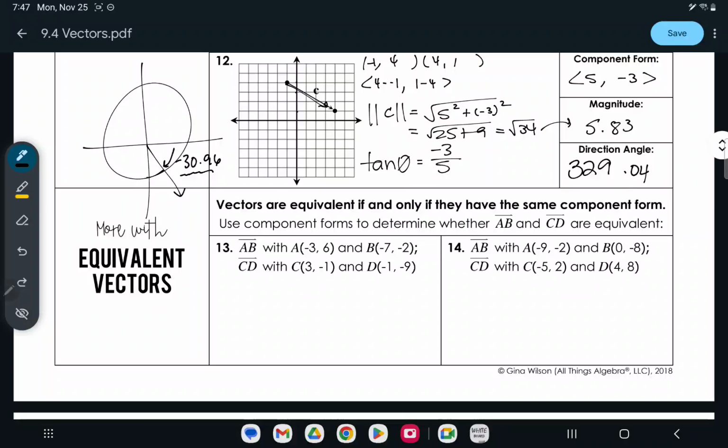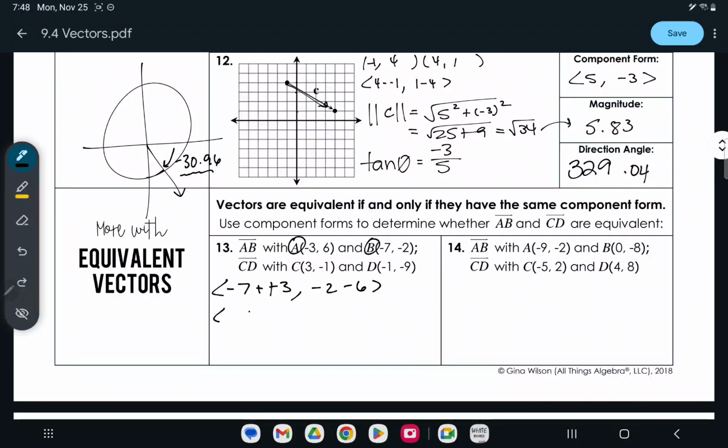All right, more with equivalent vectors. Vectors are equivalent if and only if they have the same component form. So let's see. Component form for AB, going from A to B, would be -7 minus -3 and -2 minus 6.